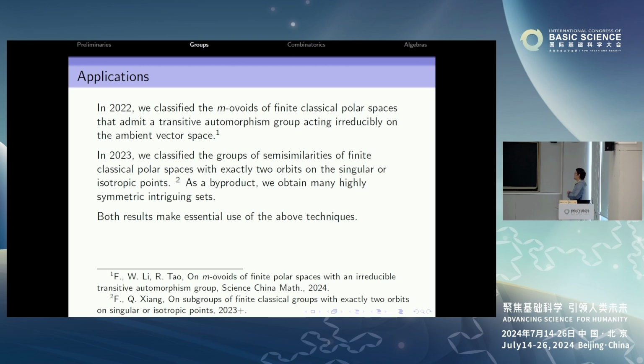As a byproduct, we obtain many highly symmetric intriguing sets, also known as regular sets. Both results make essential use of the above techniques, so they are long. You need to go over the list of all the simple groups and their subgroups.